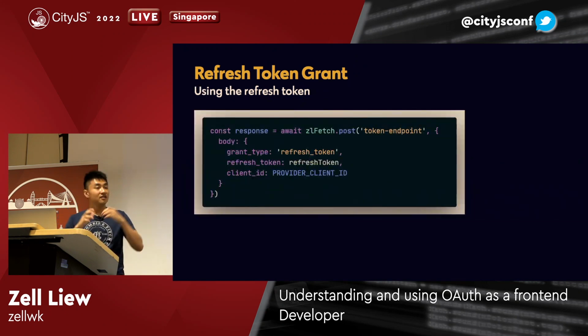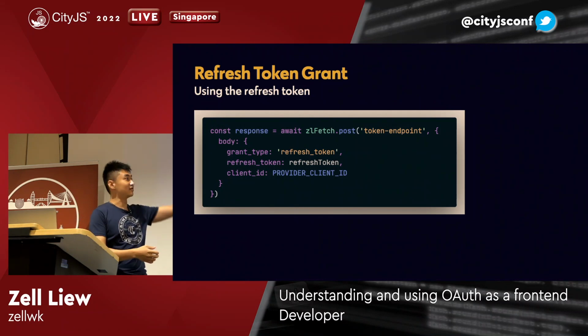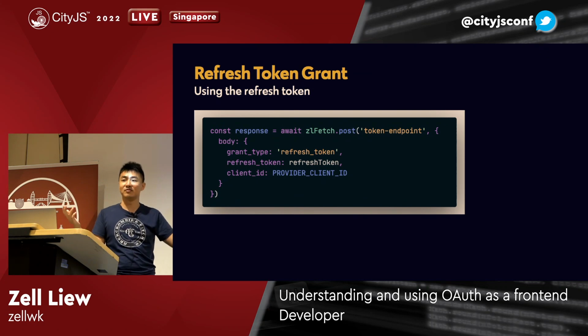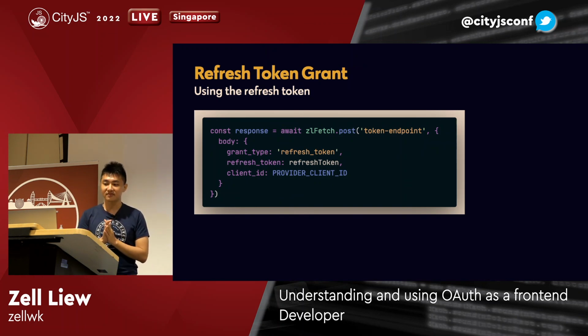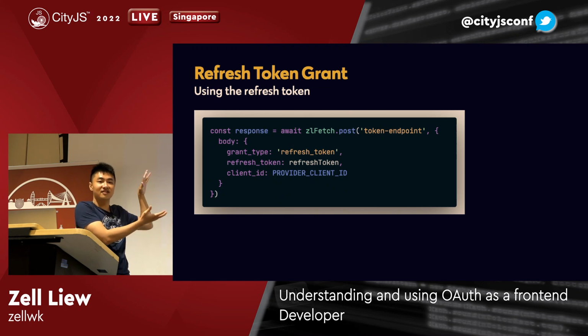Now, when you need to use it, you send it to the same token endpoint. It's usually the same one, unless they decide to write something different. In the body, you set grant type to refresh token. You need to send in your refresh token, and usually you need to pass in the client ID. That is the standard spec thing.